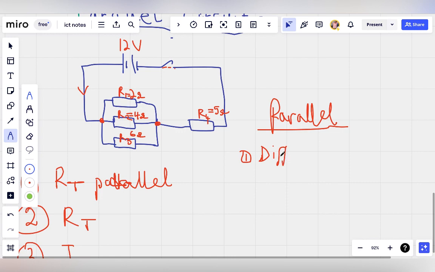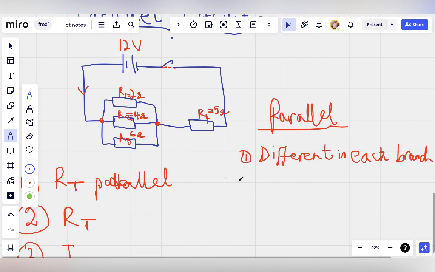Different current flows in each of these branches.